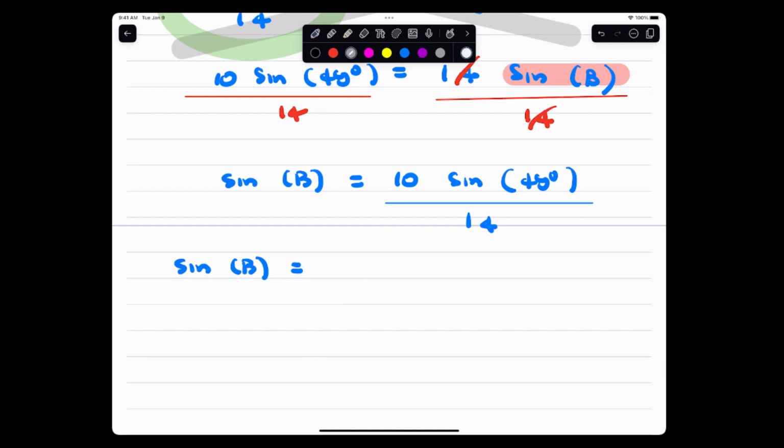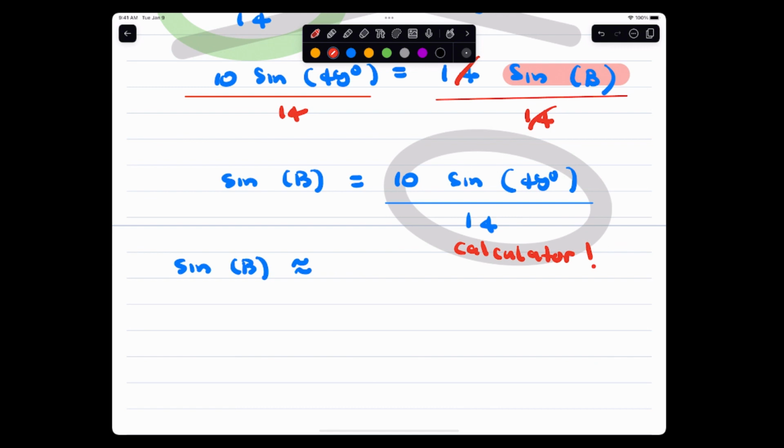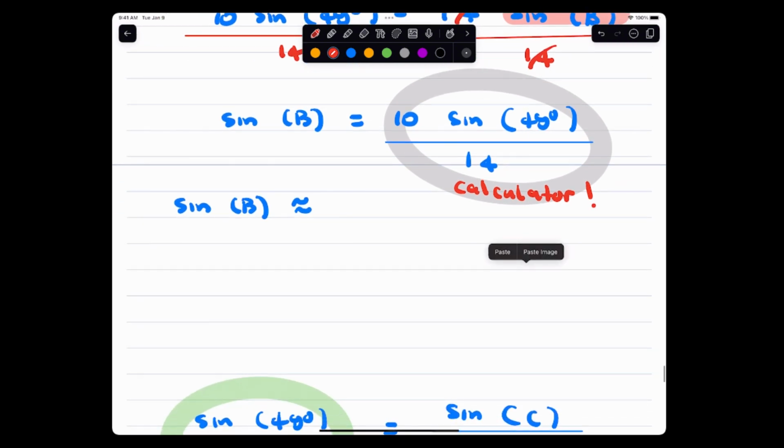Okay, now I'm going to recommend you guys do something here. I'm going to recommend compute that value. Use your calculator here, okay? So you might say, what do you mean, use the calculator? Use the calculator here. In your calculator, go to the nearest thousandths.